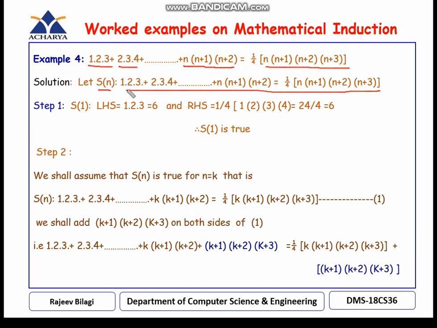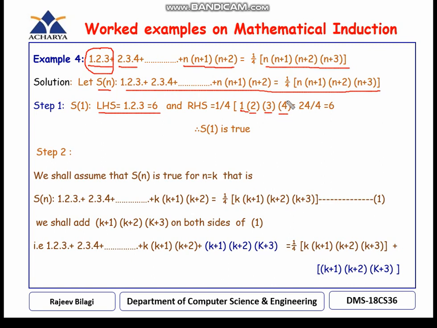S of 1, so that is only the first number. LHS equal to 1 into 2 into 3, which is equal to 6. And RHS is 1 divided by 4, 1 into n plus 1, that is 1 plus 1, that is 2, then n plus 2, that is 3, then n plus 3, that is 4.